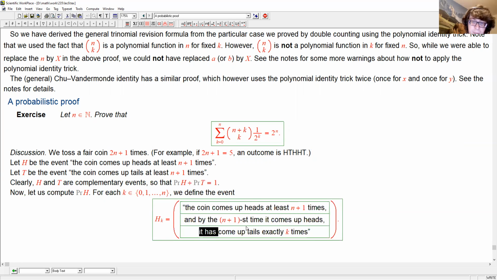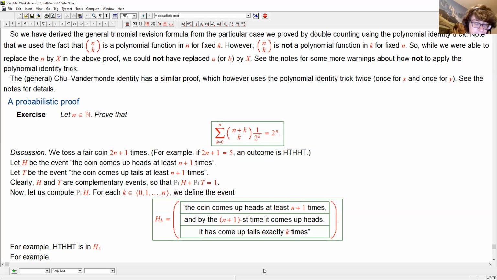And if by that point it has come up tails exactly k times, then you say you're in the event hk. So for example, hht is in h1 because heads comes up 3 times, which is at least 3 times, and by the third time, it has come up tails exactly once.